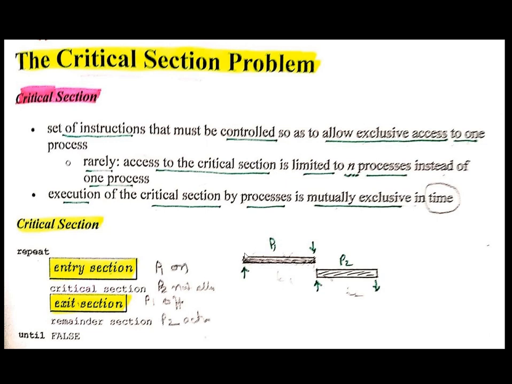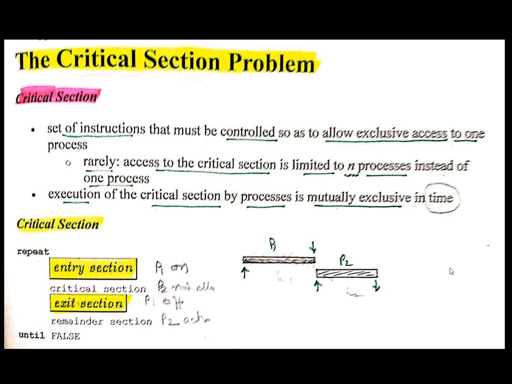That means when P1 is running, this is a critical section region. At that time P2 cannot enter, or when P2 is running, P1 cannot enter. Take an example. Suppose you are in a room and you lock the room, and you are using that room for your purpose.